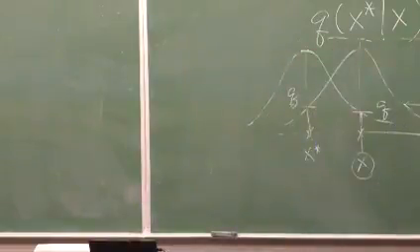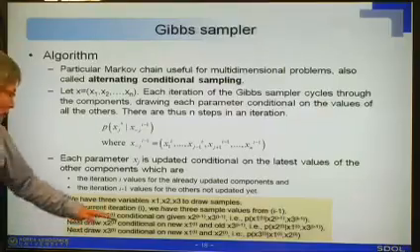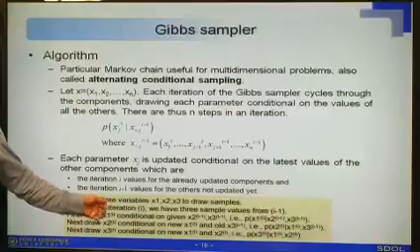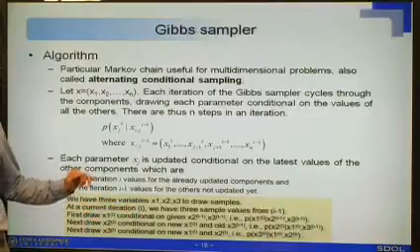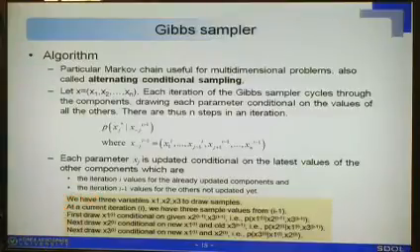Because each one of these gives us the solution for single variable. So if you can handle the multiple variables at once, we don't need the Gibbs sampler. And I will explain also about that.